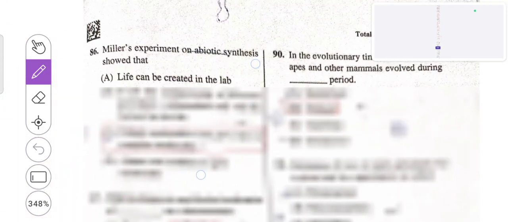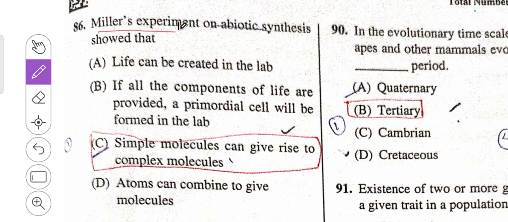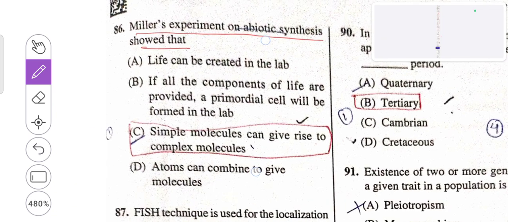Then 86th, Miller's experiment on abiotic synthesis showed that.